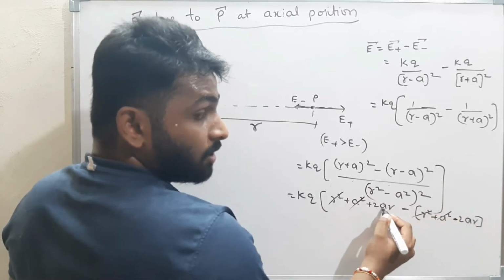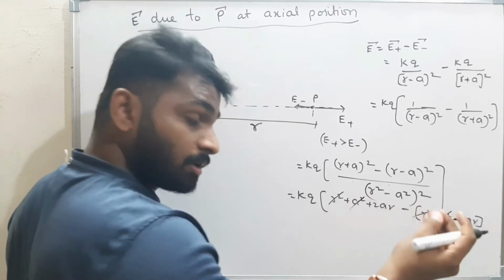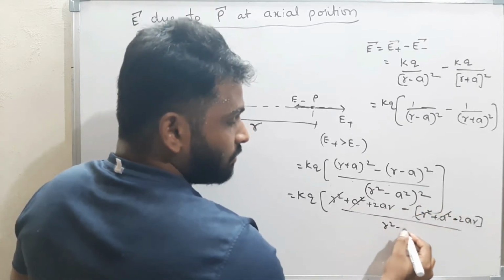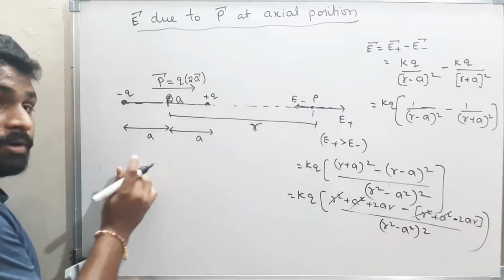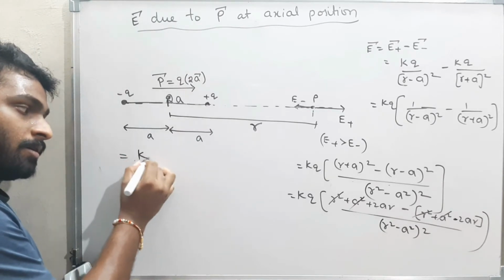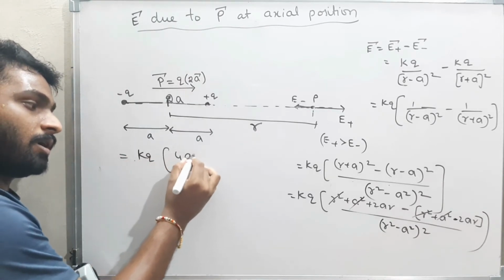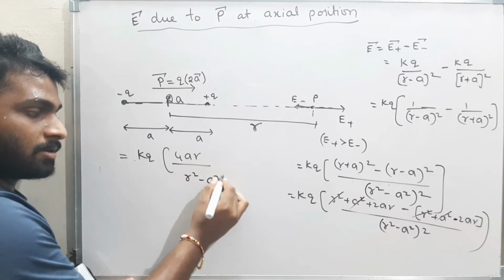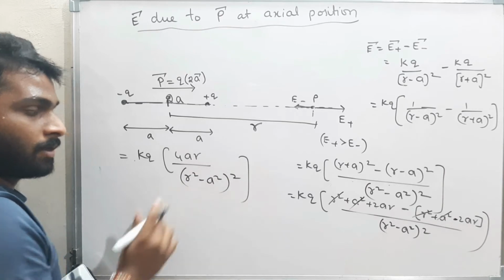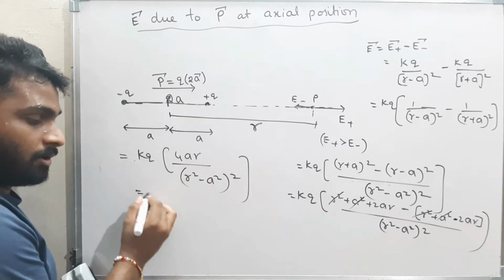Therefore plus 2AR plus 2AR is nothing but 4AR by R square minus A square whole square. Therefore, finally, I can write KQ 4AR by R square minus A square whole square. That's all.